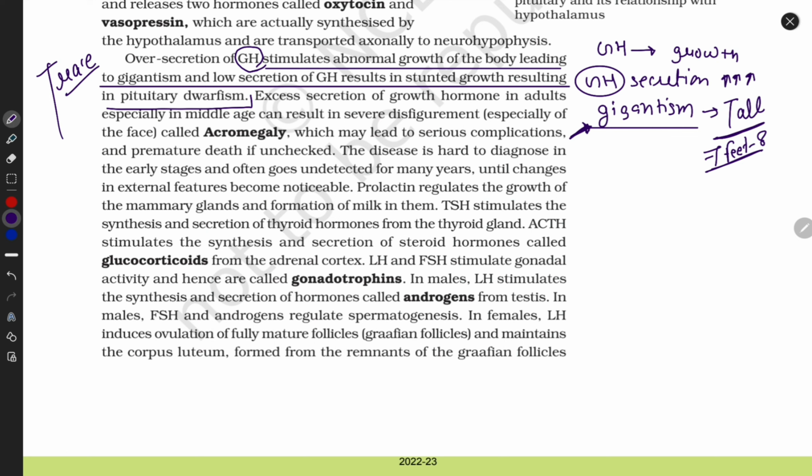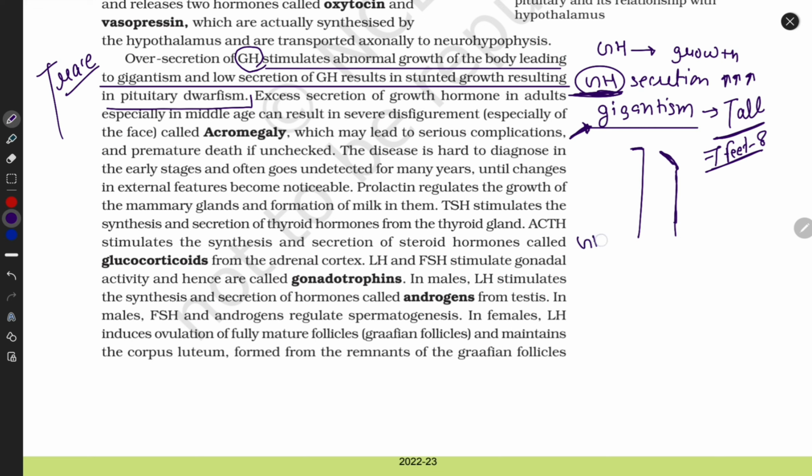They also suffer from a tilted backbone, they bend. If they are standing, their anterior posture is bent like this, their head and neck are bent down. Alright, this is a case of hypersecretion of growth hormone.